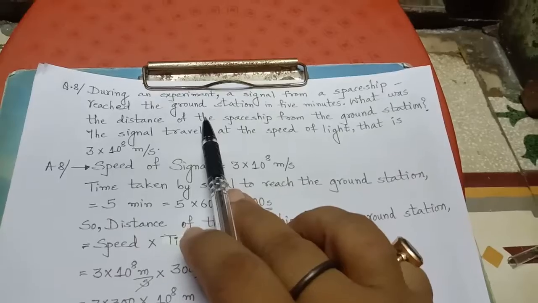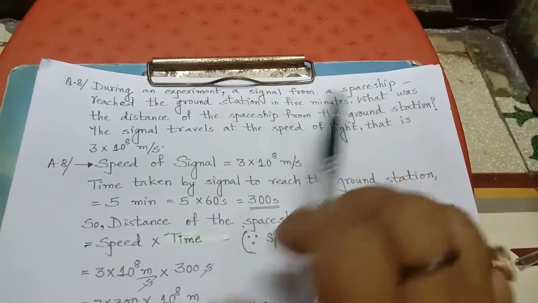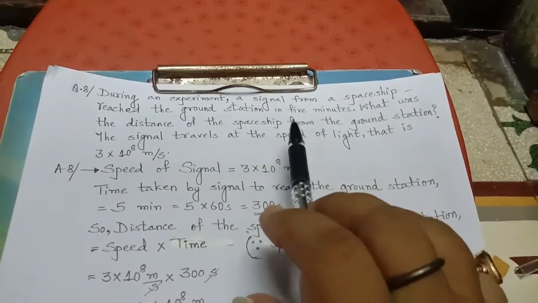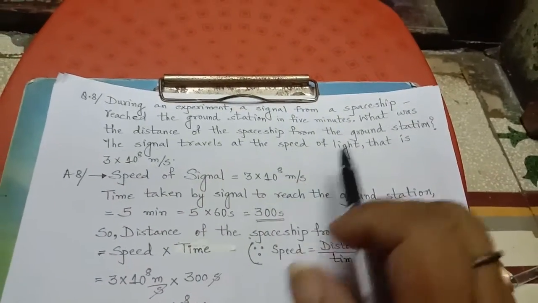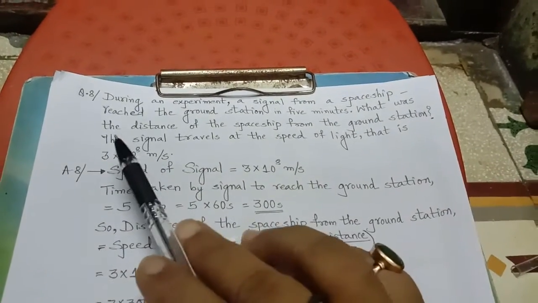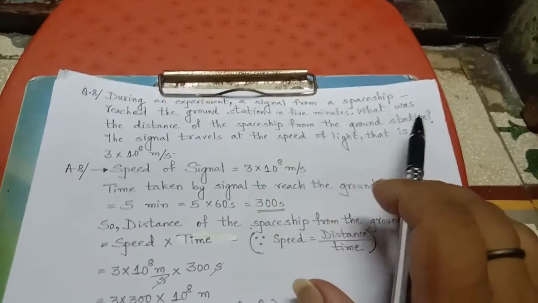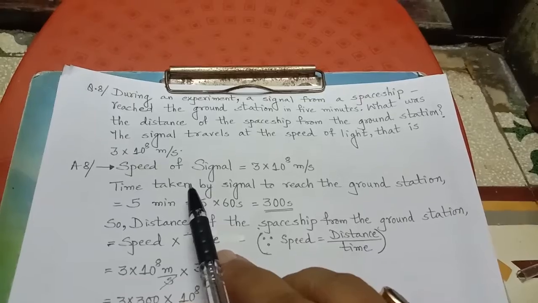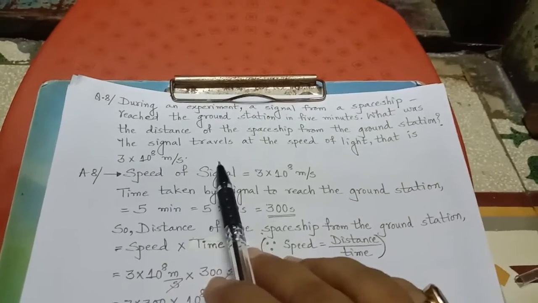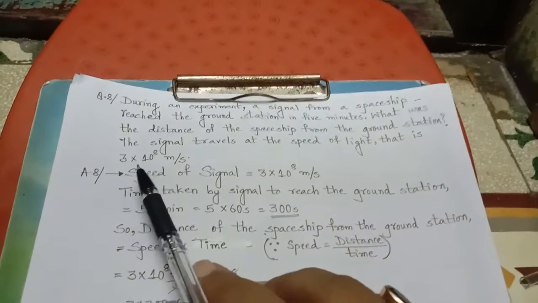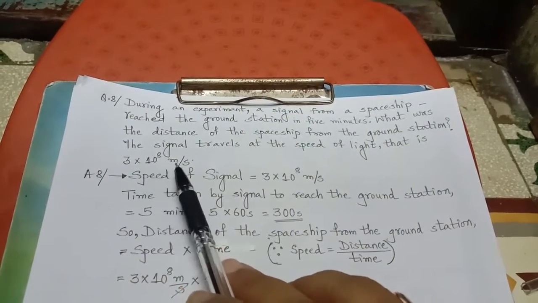During an experiment, a signal from a spaceship reached the ground station in 5 minutes. What was the distance of the spaceship from the ground station? The signal travels at the speed of light, that is 3 multiplied by 10 raised to 8 meter per second.